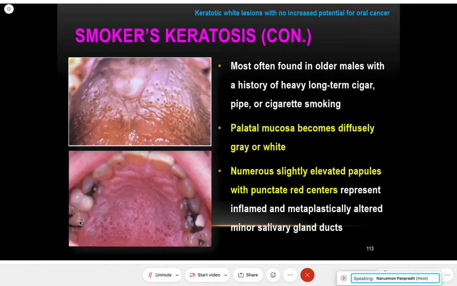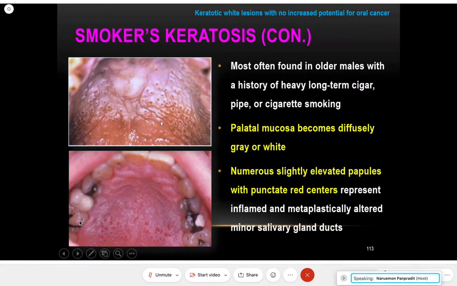If you see this unique character, it is a white plaque, and within the white plaque there are white papules, and in each white papule you see a red dot at the center.